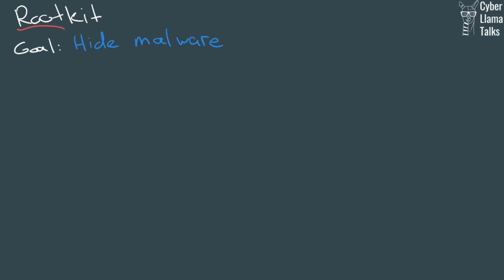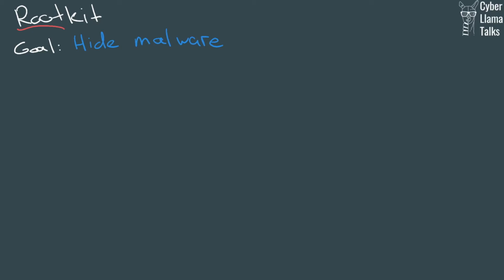While in the era of Windows malware, the rootkit changed its meaning. Really, what rootkit means most of the time, in most discussions when we're talking about Windows malware, or malware in general, is a component which has the main goal to hide malware.